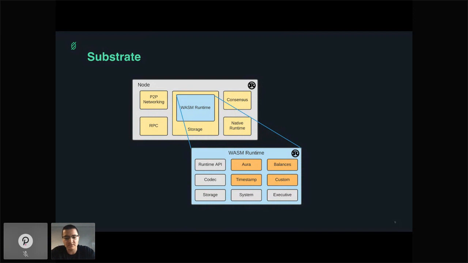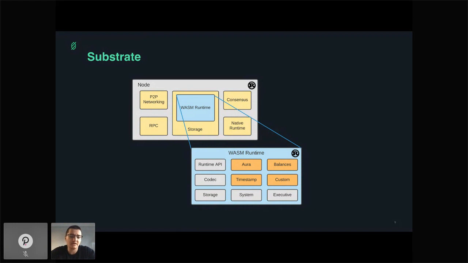SCALE codec is used for encoding and decoding. Operations for reading and writing into storage are provided basically out of the box, and we are not taking care of block execution, validations for blocks, extrinsics, etc., except for our custom blockchain business logic.